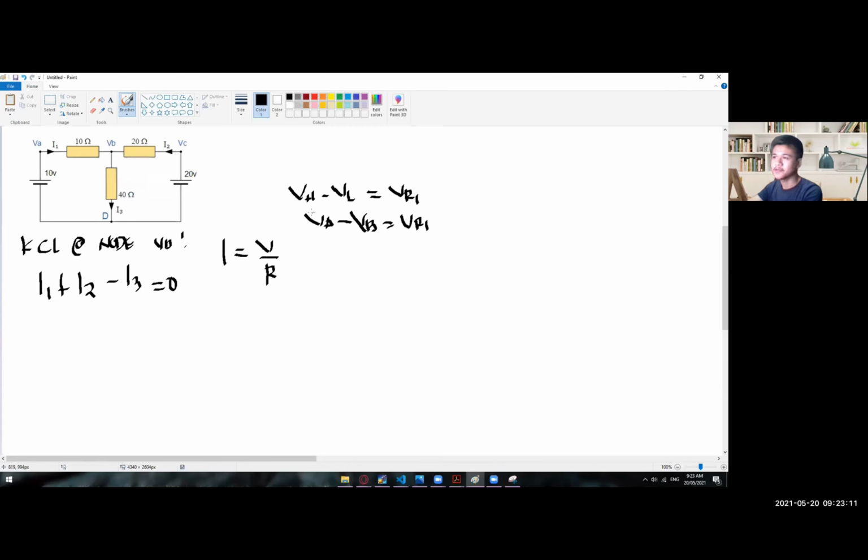Okay, so again, how did we know that VA is the higher voltage than our VB? Because we have this flow of current right here. Assuming that we have 10 volts right here, of course, after passing through this voltage drop, we now have a lesser voltage at node VB.